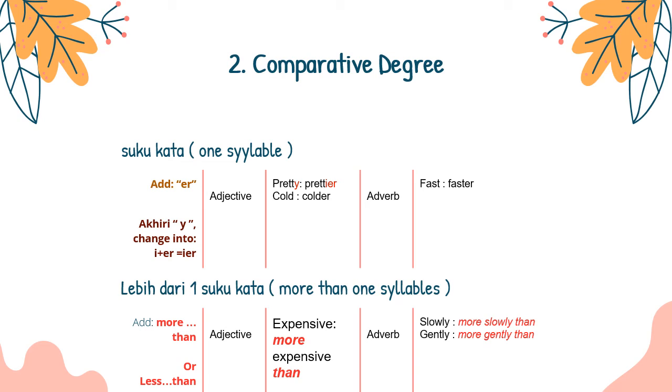So it becomes more expensive than, or we can use less, so it becomes less expensive than. And now let's have an adverb here. Slowly becomes more slowly than. Gently becomes more gently than.